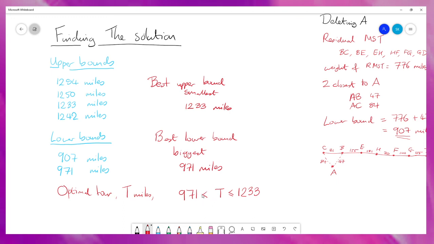So T can't be equal to 971, but it can be greater. Whereas it could be equal to 1,233 because this is a feasible solution. This one gives us a correct answer, just not necessarily the best one. And that's the travelling salesman problem. As I said, sometimes you will be able to find an answer to this. Sometimes this inequality is good enough. Students don't like that, but sometimes heuristic algorithms are just the best we've got.